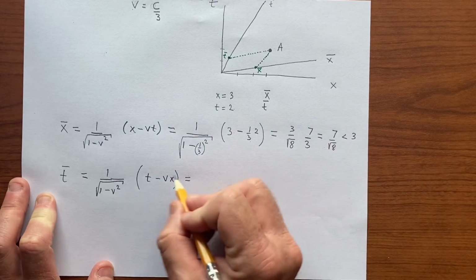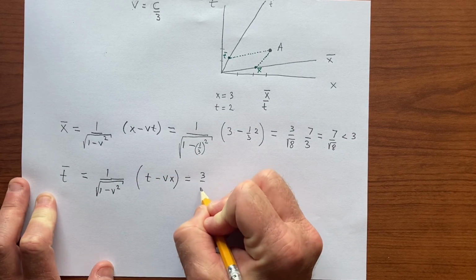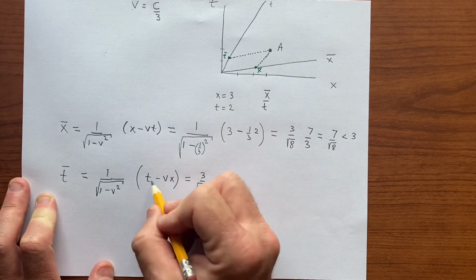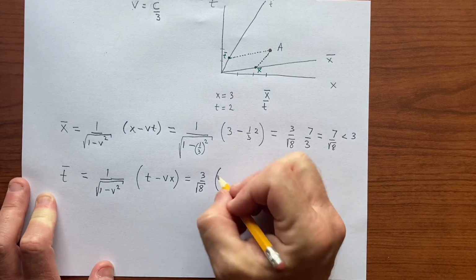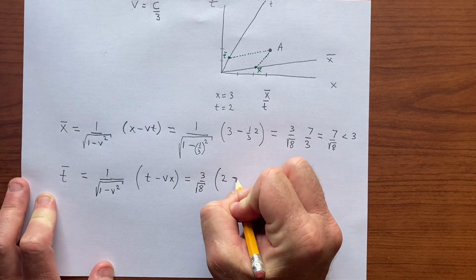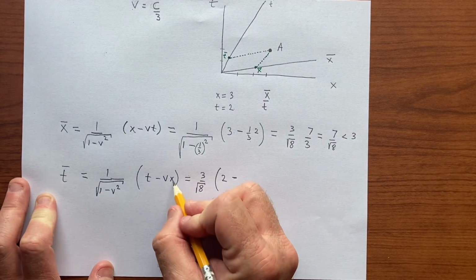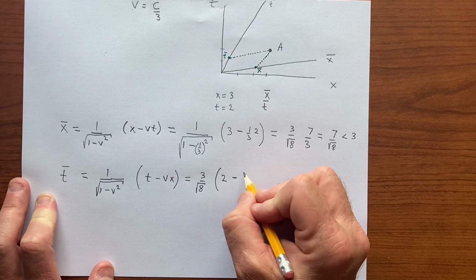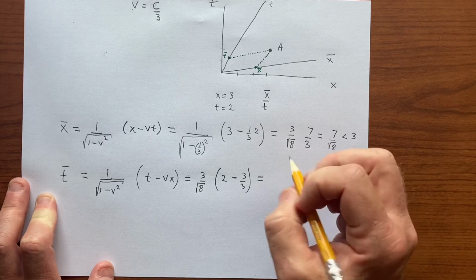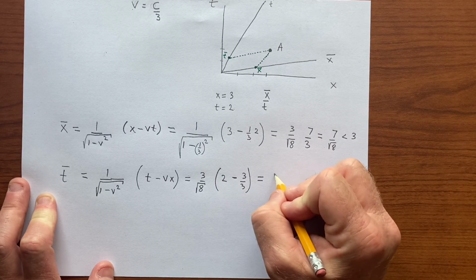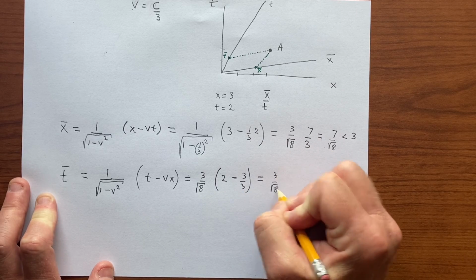This gives us this term, which we already know to be 3 over the square root of 8. And here we get t is 2 minus a third times x, which is 3, so that's 3 over 3. And so that's 1, so that's just 3 over the square root of 8.